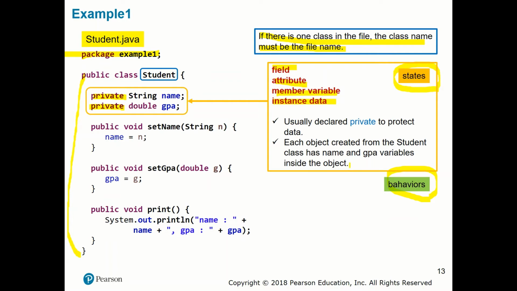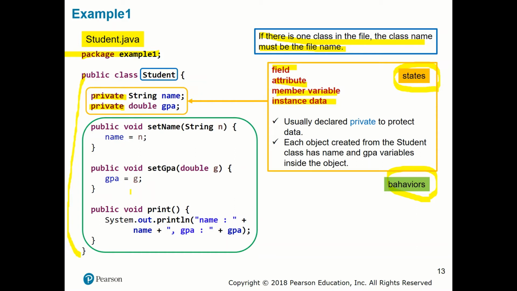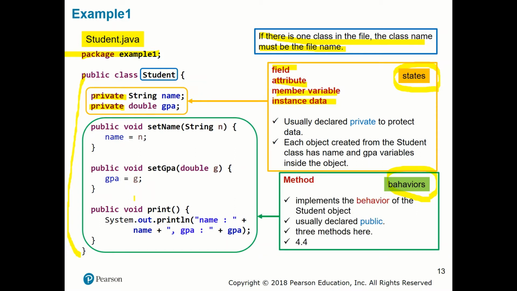You will understand shortly. And this part is the behavior part. We call these methods. A method implements the behavior of the student object. Usually methods are declared as public, like this. Public means outside of this class, these public parts can be used. And private means outside this class, the private part cannot be used.